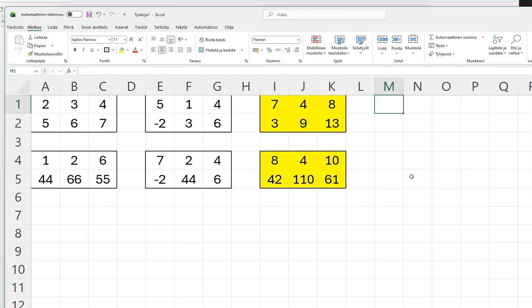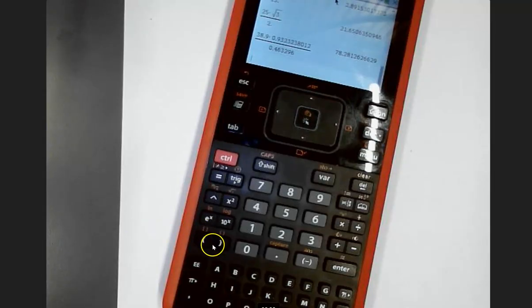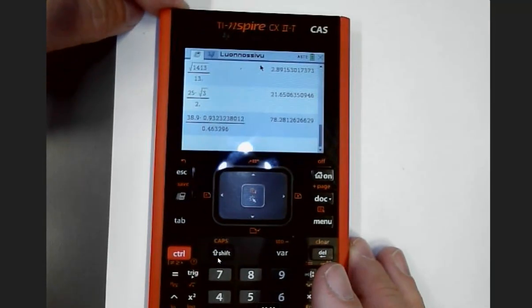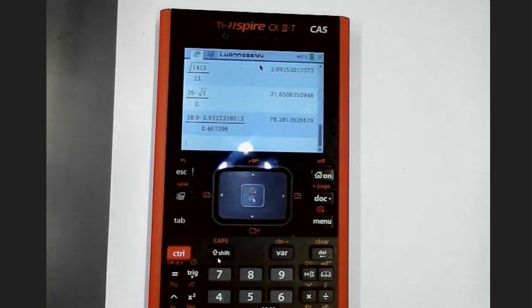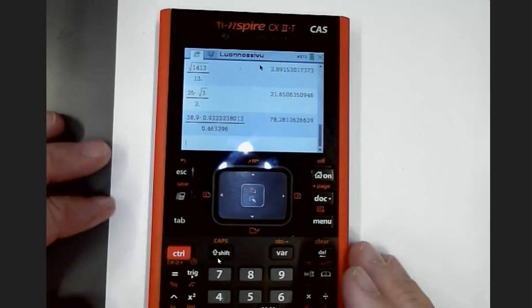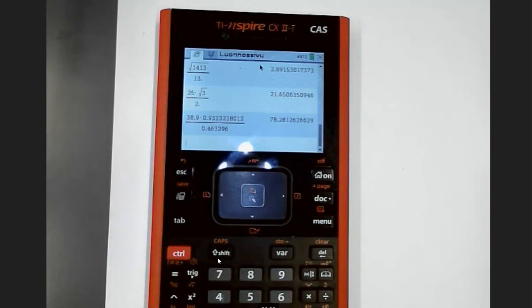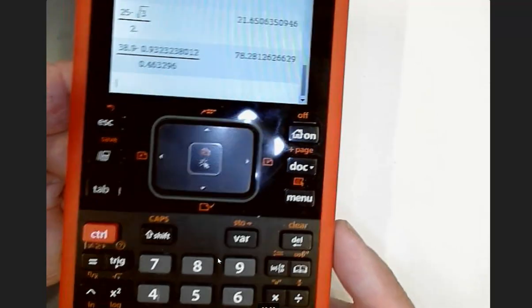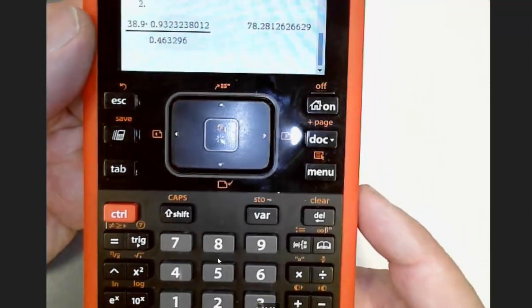By the way, in some calculators it is also possible to calculate with matrices. I will show this. Sorry, you don't see my calculator. Actually, I don't like the calculator for matrix algebra, because if I compare this to Excel, this is some kind of old-fashioned equipment, I would say.